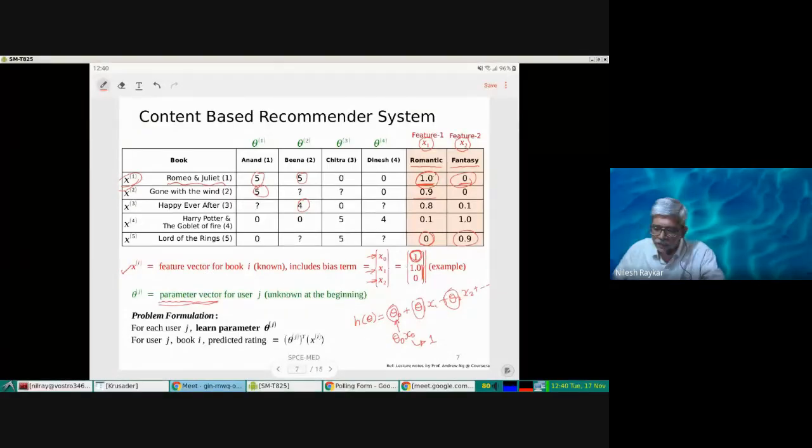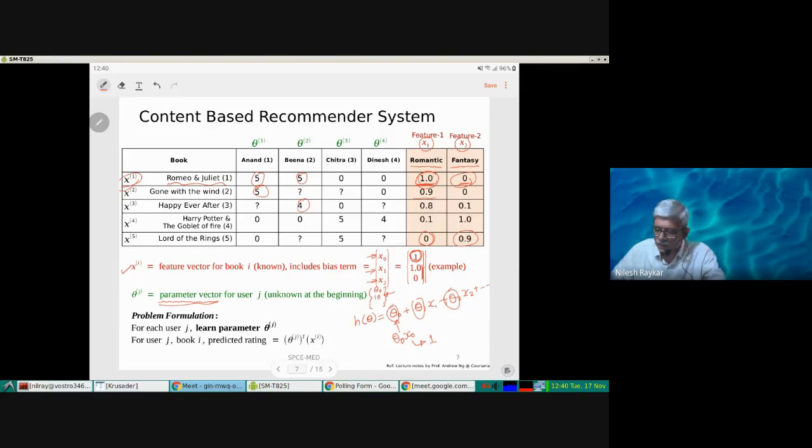For example, Anand may have more liking for romantic books. So the parameter vector for Anand will have a value where the first term is the bias term theta 0, which is unknown, but the second feature corresponds to his preference for the romantic books. Since it is apparent that he is giving higher ratings for the romantic books, his number here would be higher, something like 10.